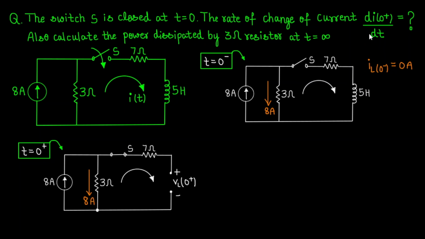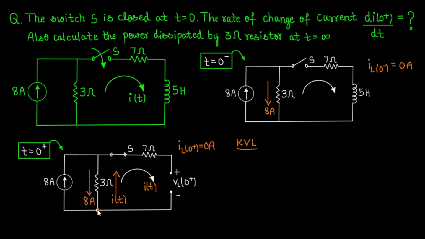Now to establish the value for d by dt of I of 0 plus, we need to apply a KVL here. So let the current traveling in this open loop be I of t and the voltage developed across it be VL of t. So applying KVL, a point to note, IL of 0 plus is also 0 amperes. Applying KVL in this loop, this I of t is traveling in a clockwise direction, so it is going upwards through 3 ohms.